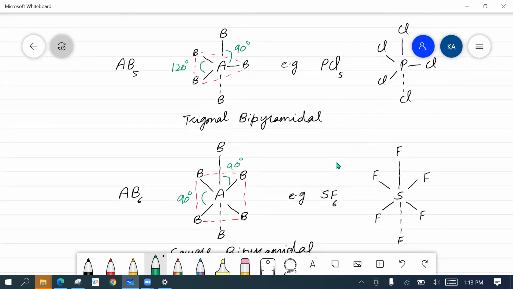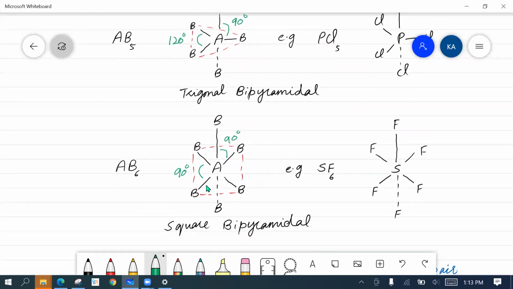Next is AB6. So these are 6 bond pairs around the central atom. 4 surrounding atoms exist in a plane in the form of a square, while one is above the plane and the second one is below the plane. So the shape is square bipyramidal. An example is SF6.